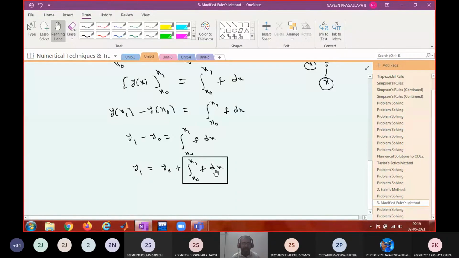What is the trapezoidal rule formula for this? You have x0 here, you have x1 here. Then what is the distance from x0 to x1? It is h.